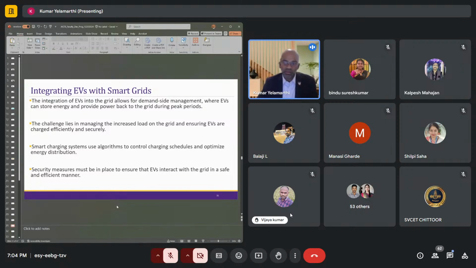So we're talking about integrating EVs. If you integrate EVs with the grid, it provides a unique advantage. If you remember, we talked about it briefly: in the smart grid, you transmit power from the power plants all the way to the end user.